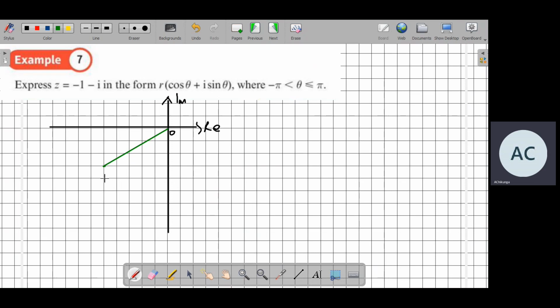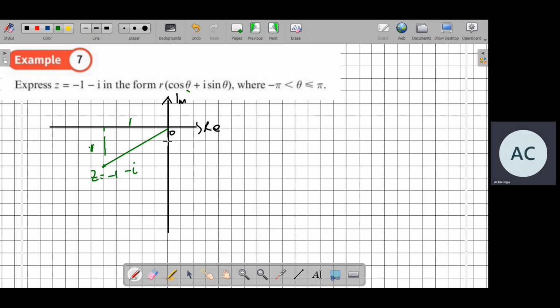All right, next one. Look at this example. So this is going to be z, which is minus 1 minus i. Essentially telling us that this is 1, this is 1. I'm talking about the magnitude. Okay?